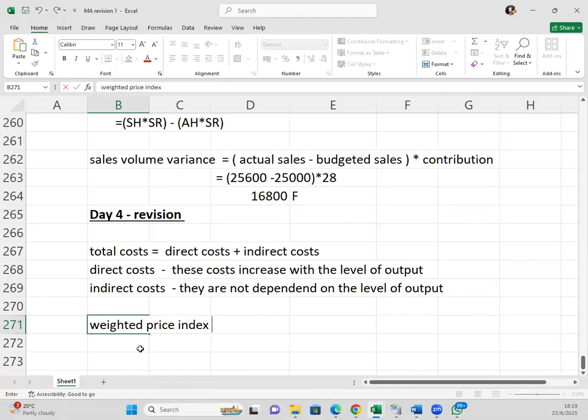So for the weighted price index, what is it that we'll be looking at? We are looking at the change in the price for different items.